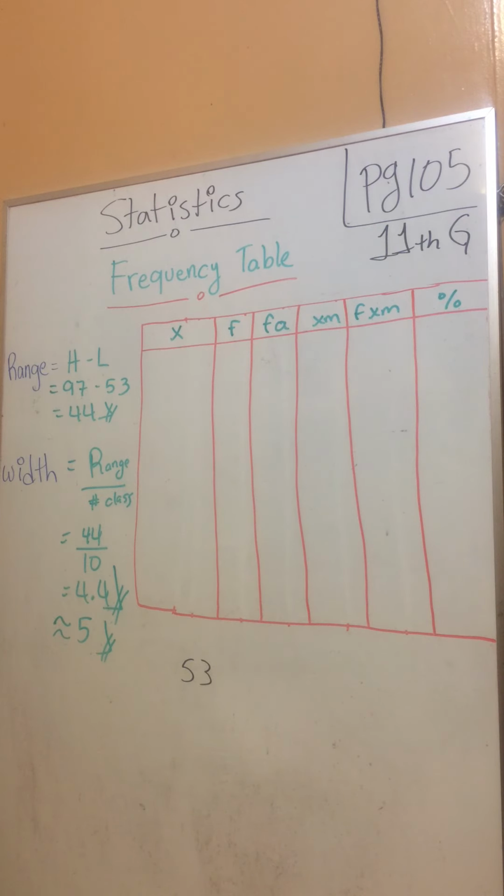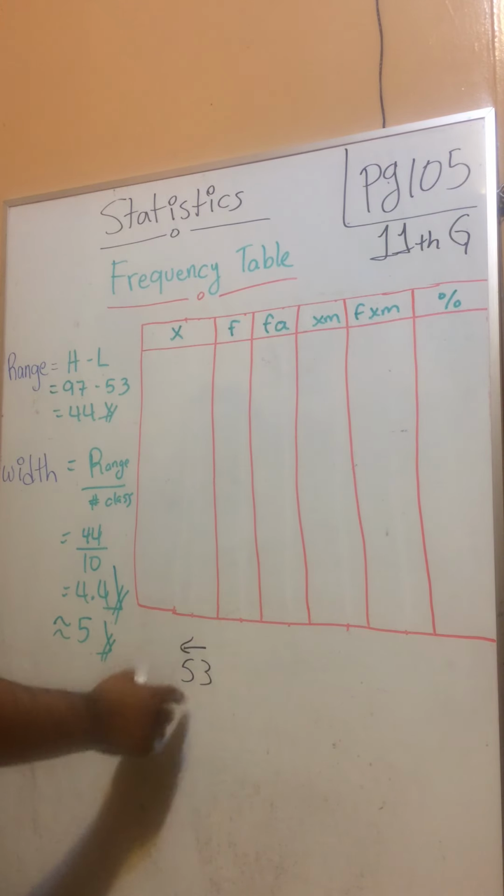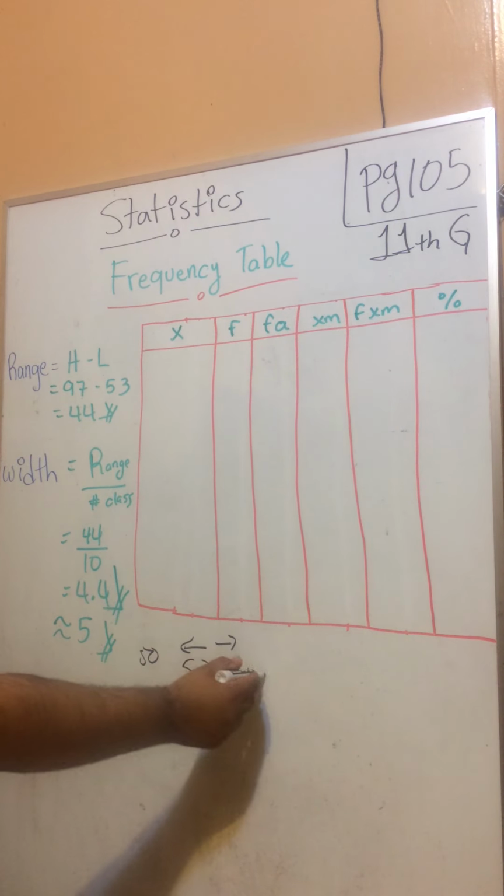If we have 53, what is the lowest multiple of 5 coming back from 53? It comes back to 50. So we choose the lowest multiple of 5 coming back from 53, and that's going to be 50, because the next one is 55.